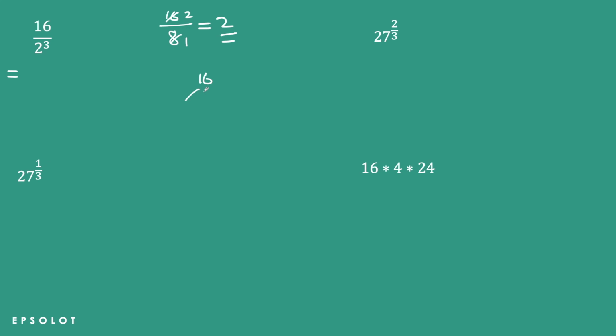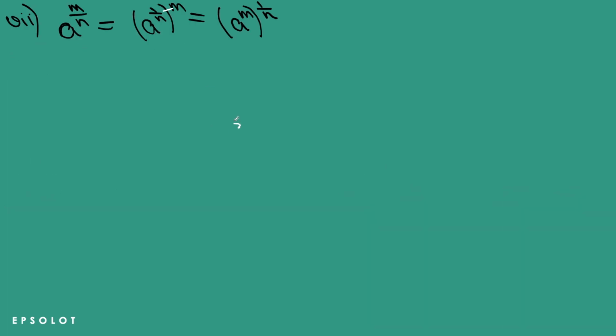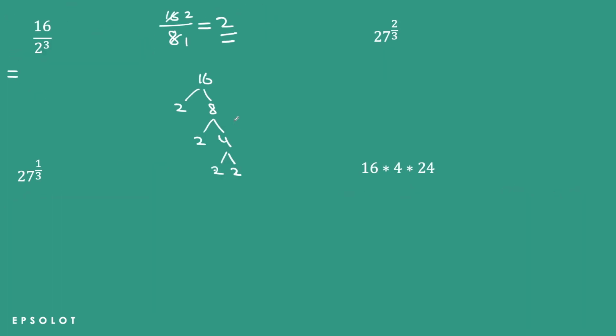You can write it as 2 times 8. Can you further divide 8? Yes, we can. So 2 times 4 is 8, and then we can further divide 4. So that means 2 to the power of 4 is equal to 16.